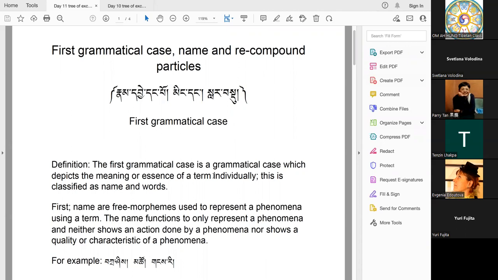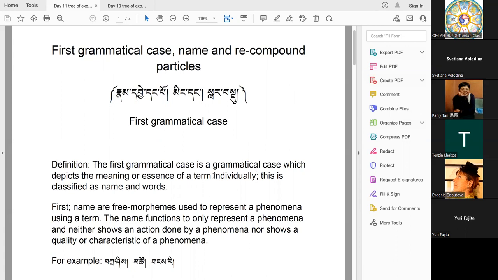So first, names are free morphemes used to represent a phenomena using a term. The name functions to only represent a phenomenon. So this is the difference between the word and name here.